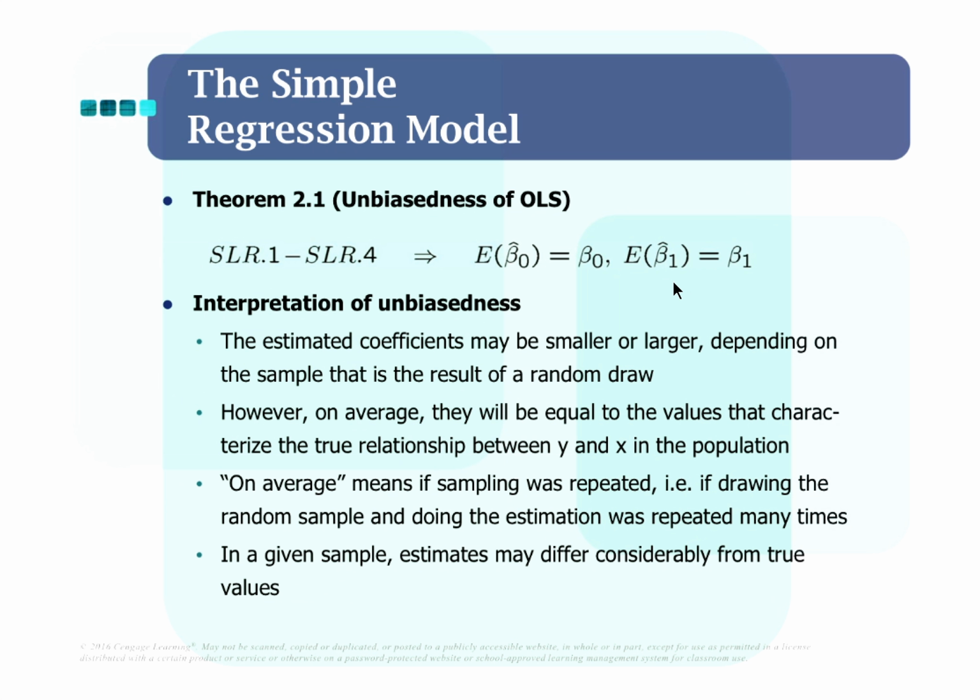And if we compute its expectation, its average, it will be very close to the true population parameter beta 1. But in just one given sample, the estimate beta 1 hat corresponding to a specific sample may differ considerably from the true value.